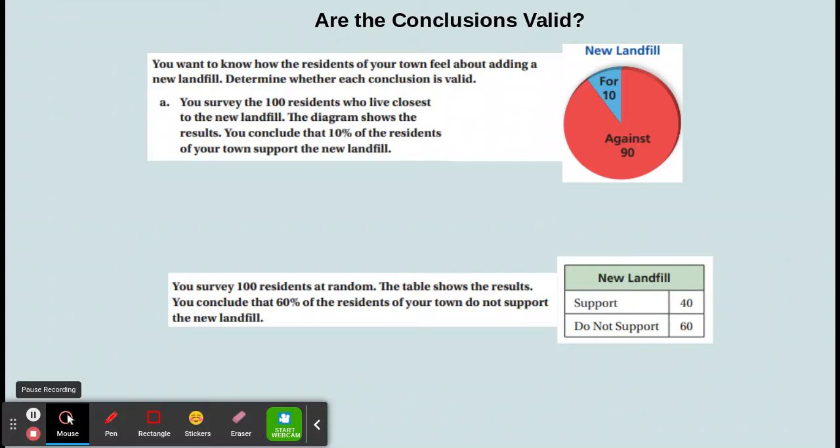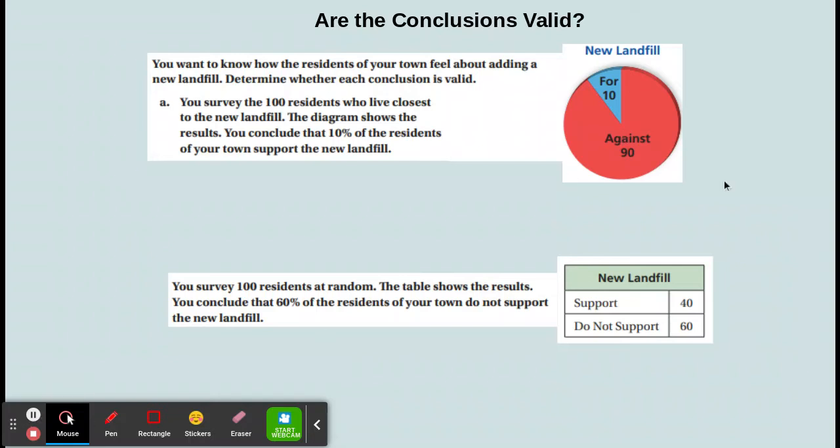So we have 2 conclusions here that were drawn based on some data that was gathered. The first conclusion says we surveyed 100 residents who live closest to the new landfill. Okay, and this diagram over here shows the results. And we conclude that 10% of the residents of our town support the new landfill.